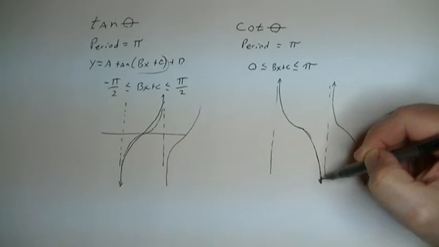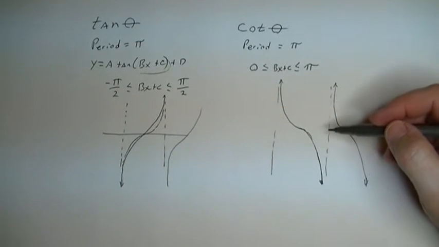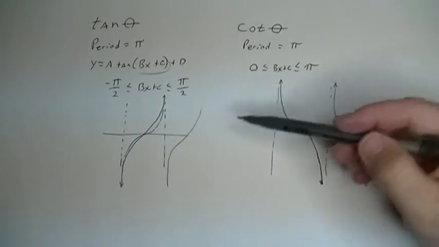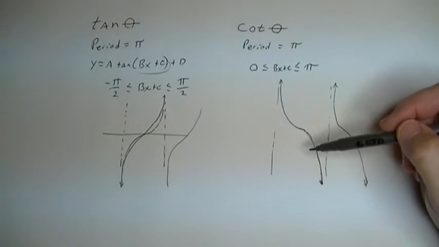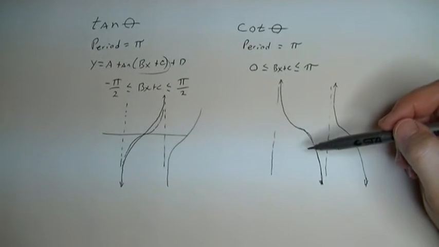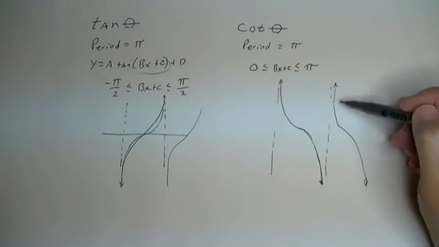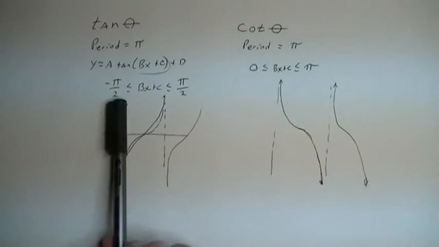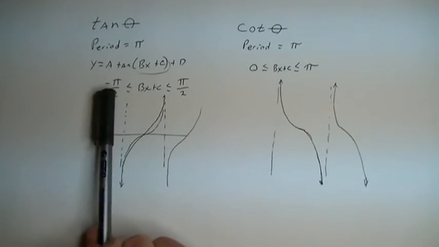If you want to experiment with a graphing calculator or an online graphing tool and see just how that A value affects some of these tangent and cotangent graphs, go right ahead, and it'll give you a feel for it, but it's probably not the thing you need to get hung up on. So again, you're going to use the same kind of skills. These things mean the same thing for the most part.